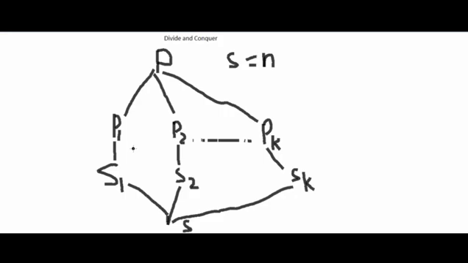Otherwise, you will not be able to combine the sub solutions into one solution. So you have to remember both these things: divide the problem into sub problems very carefully, and combine the sub solutions using some method or approach. Otherwise you will be unable to solve the problem.